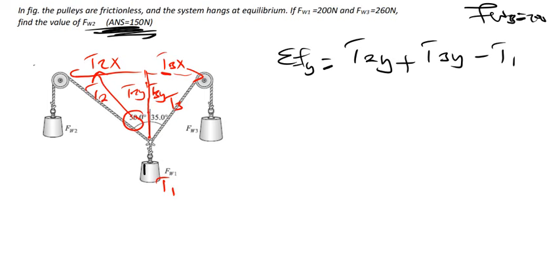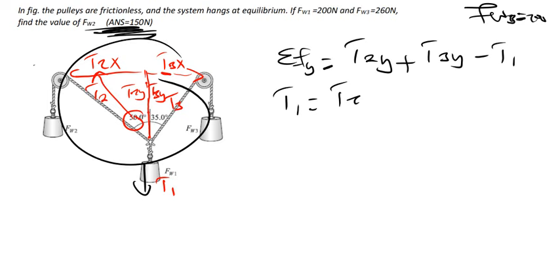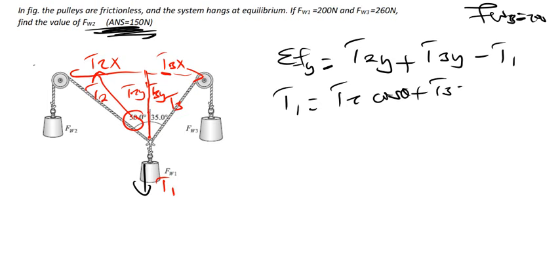That's why it carries a negative there. So T1 will be equal to T2 cos theta plus T3 cos theta, using the second free body diagram which I've just come up with.